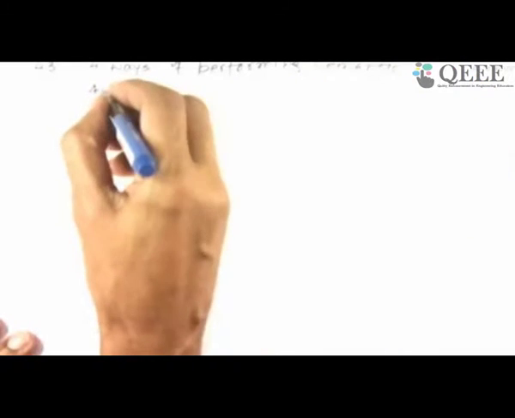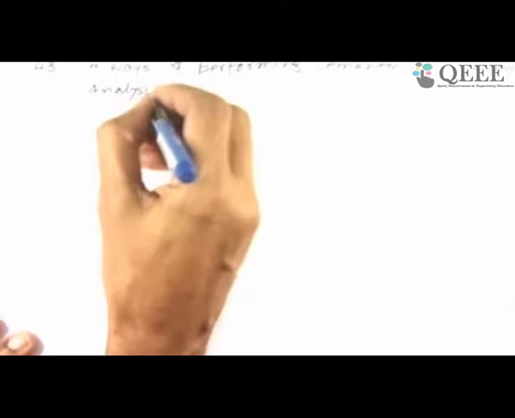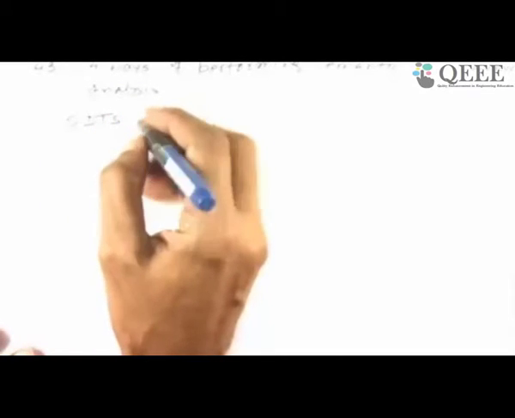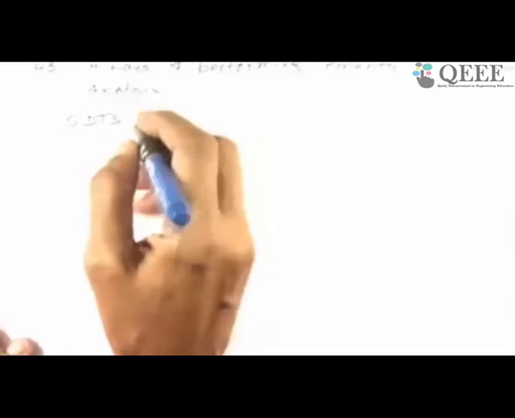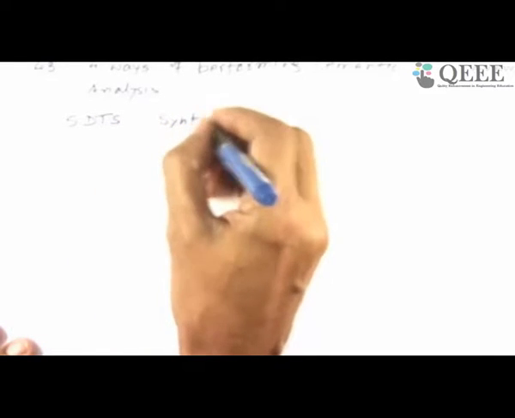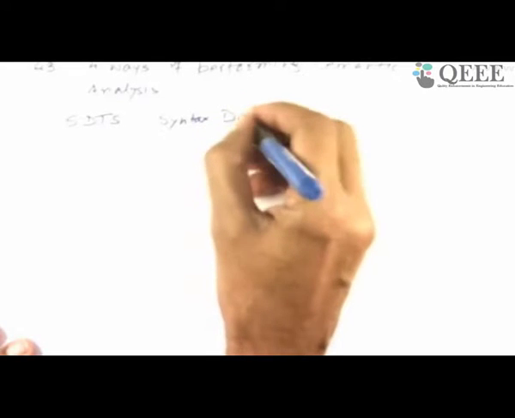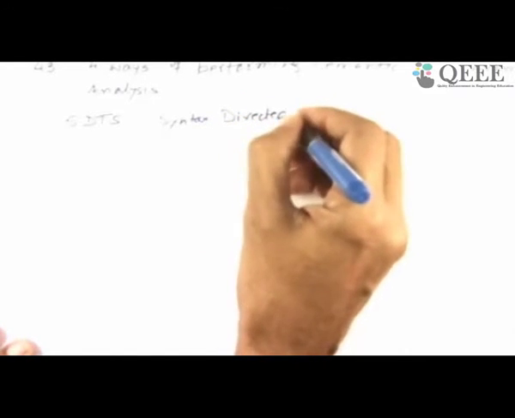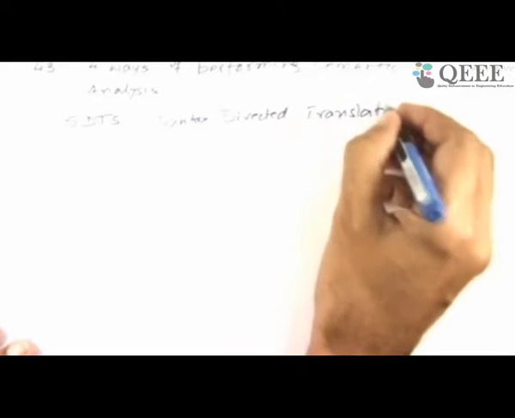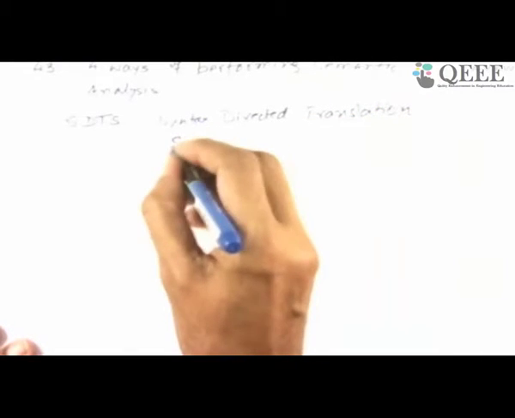This is on slide number 43. The one which I'm going to use, which I'll explain in great detail, is more popularly known as SDT. You will see even in your test question paper, they'll refer to this. S stands for syntax, D for directed, T stands for translation, and the last S is for scheme.